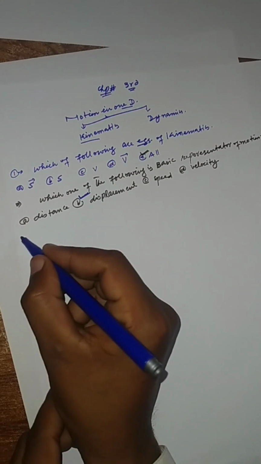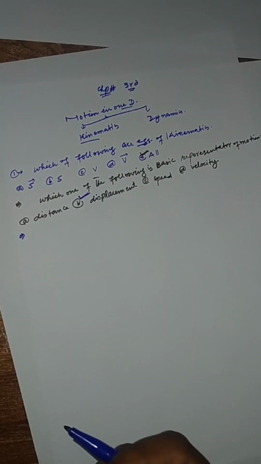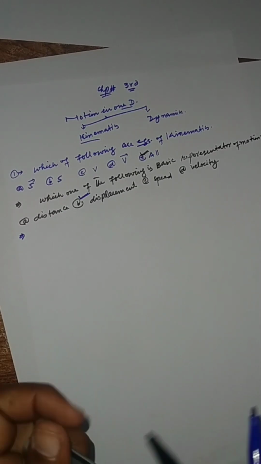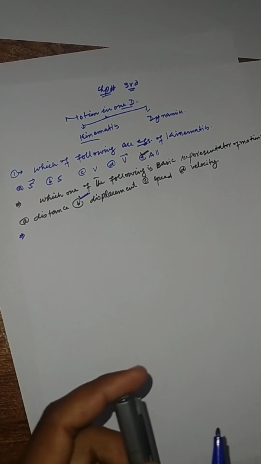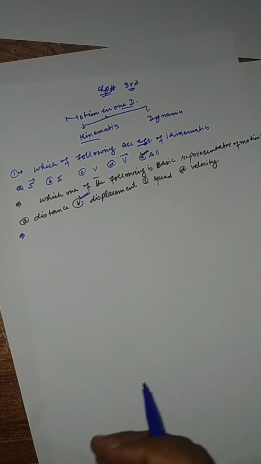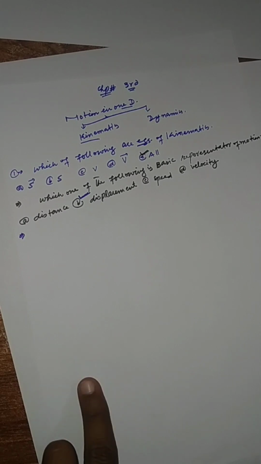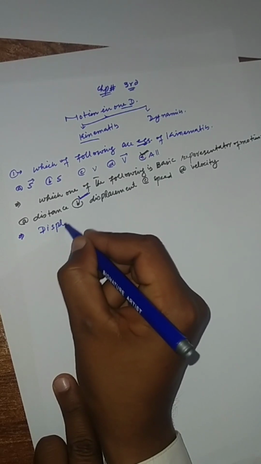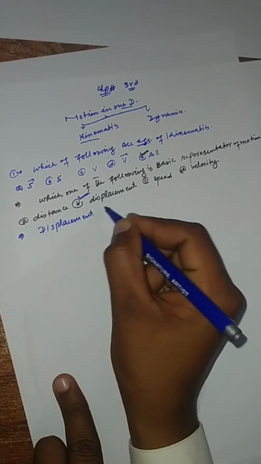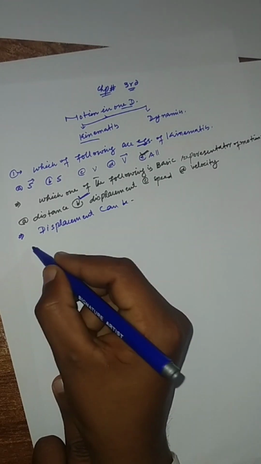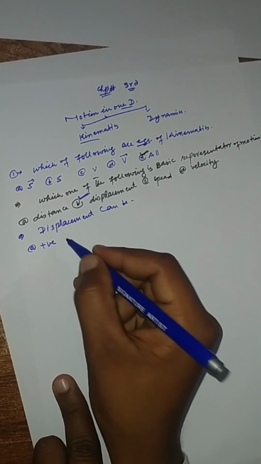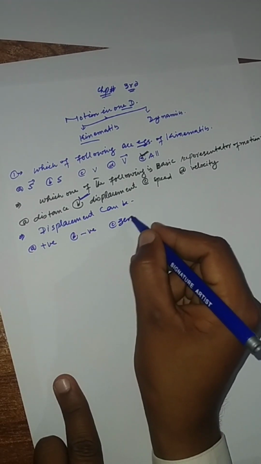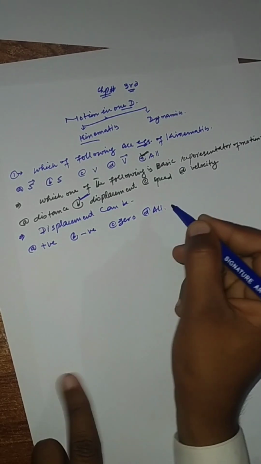Now, as we know, displacement is a vector quantity while distance is a scalar quantity. So displacement can be positive, negative or zero, but distance is always positive. Displacement can be, let's suppose, positive, it may be negative or it may be zero, or option D, all of these.